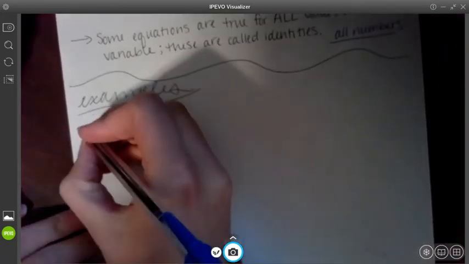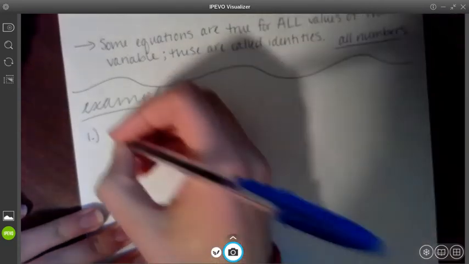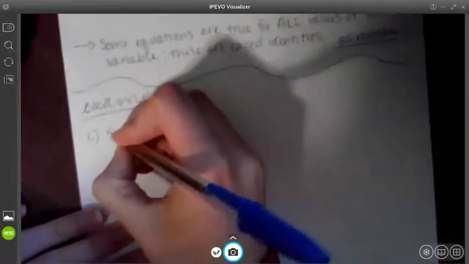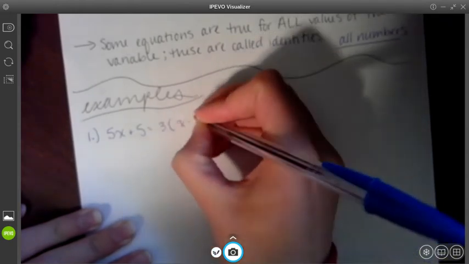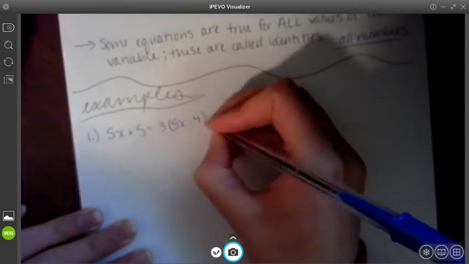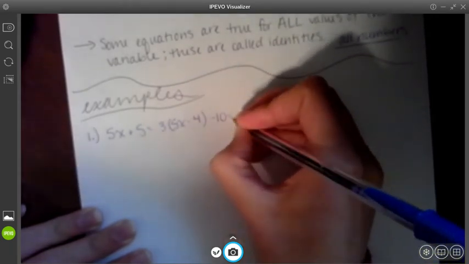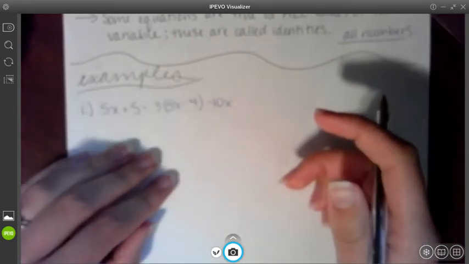All right. So for the first one, let's do 5x plus 5 equals 3 times x minus 4. Oh, it should be 5x minus 4 minus 10x. Holy cats. Oh, I've lost my focus.